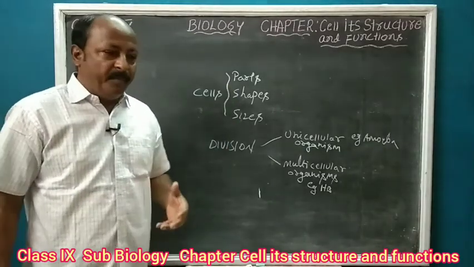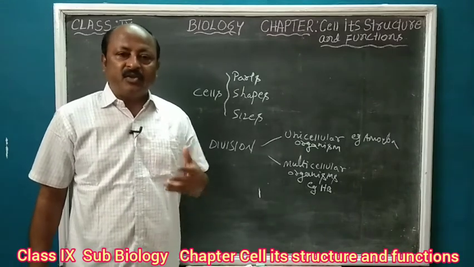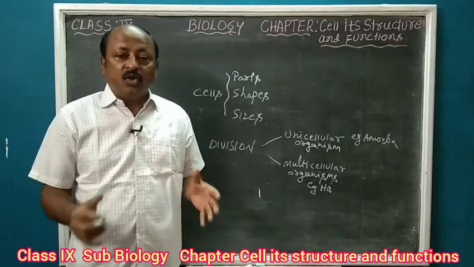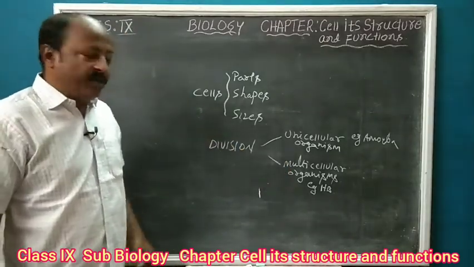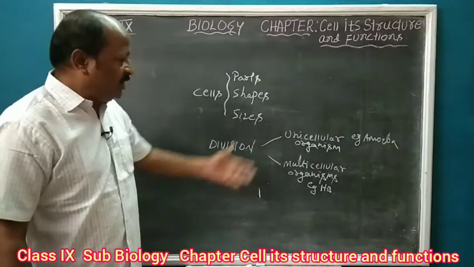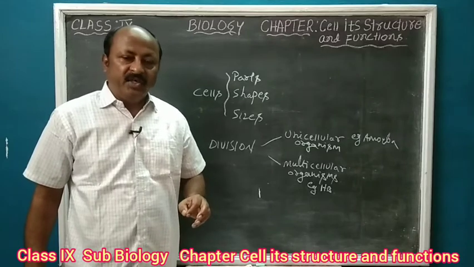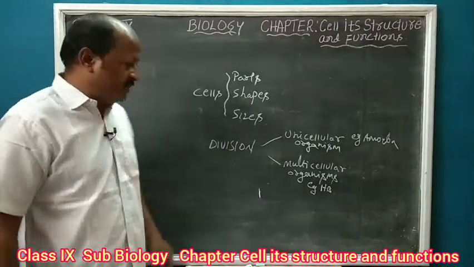We know that the human body is very complex. It has various organs and organ systems, and all of them together constitute a human being. So in multicellular organisms we have millions, trillions of cells, whereas in a unicellular organism we have a single cell with the help of which it carries out all its activities.